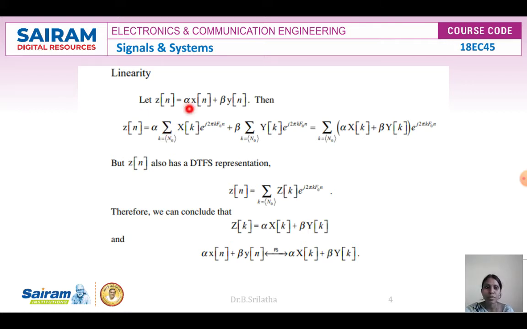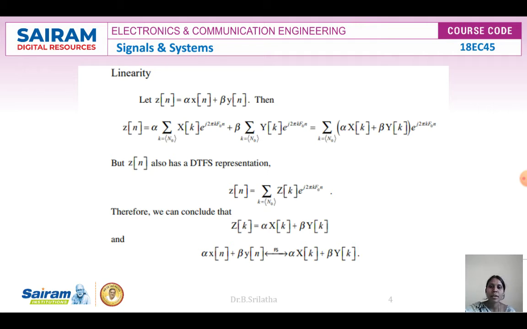The time domain of the sum of the two signals is equal to the frequency domain of their signals. So alpha into x of n, which is X of k into e power j 2 pi k n by N, plus beta into y of k into e power j 2 pi k n by N. In these two terms we can take the exponential common, giving alpha into X of k plus beta into Y of k.